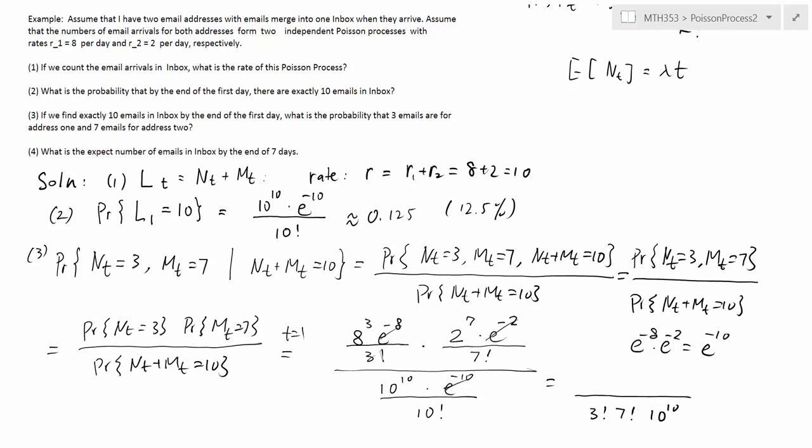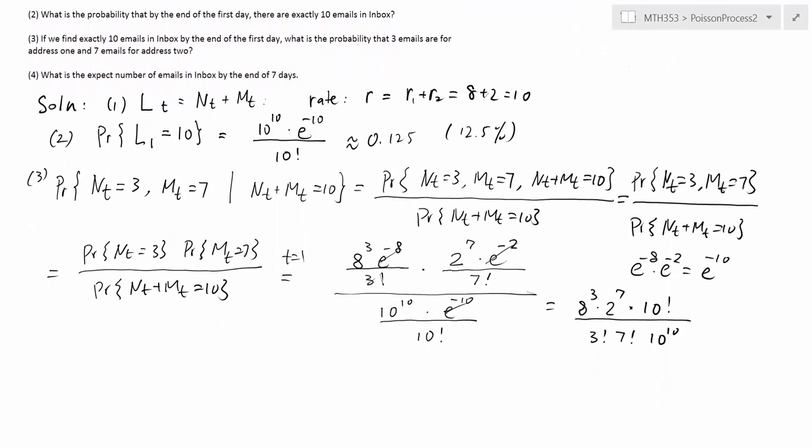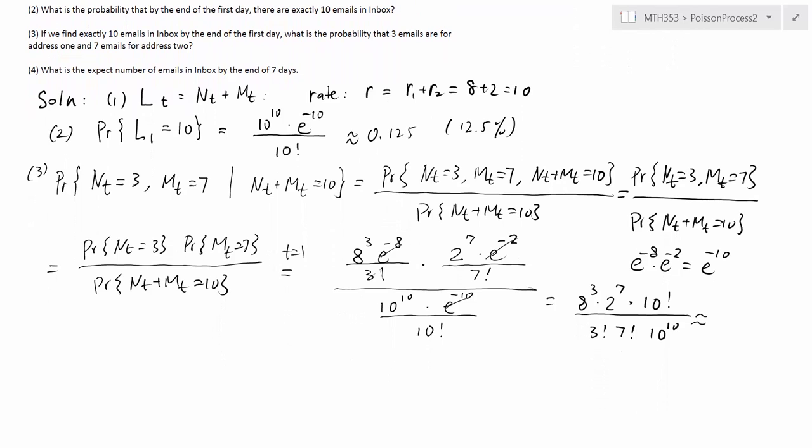And in the numerator, we have 8 cubed and times 2 to the 7th and times 10 factorial. I'll leave to you to find out an approximate value for this conditional probability. So approximately equal to what?